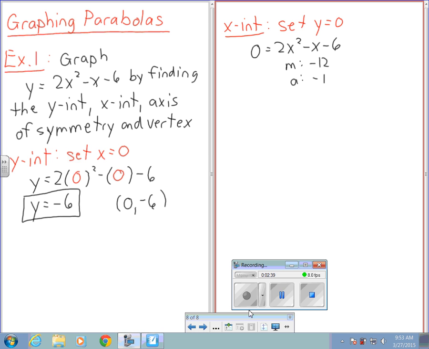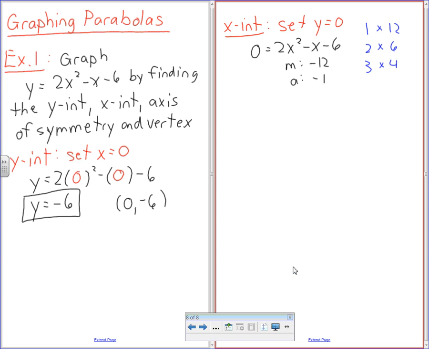Can I get a brave soul that hasn't raised their hand today? So please be brave and give me the next step, please. Jessica, go ahead. The factors are negative 4 and 3. Thank you. So it turns into 0 equals 2x squared plus 3. Wonderful.